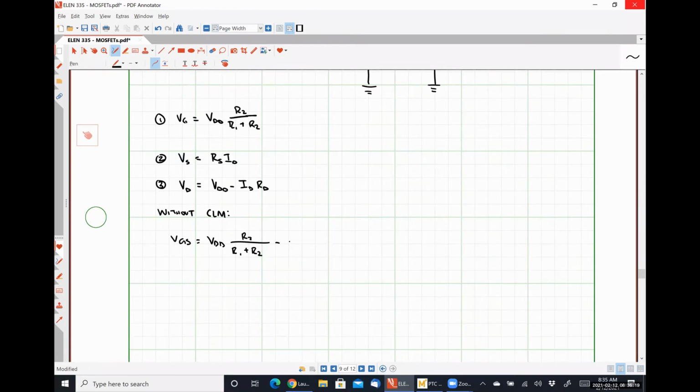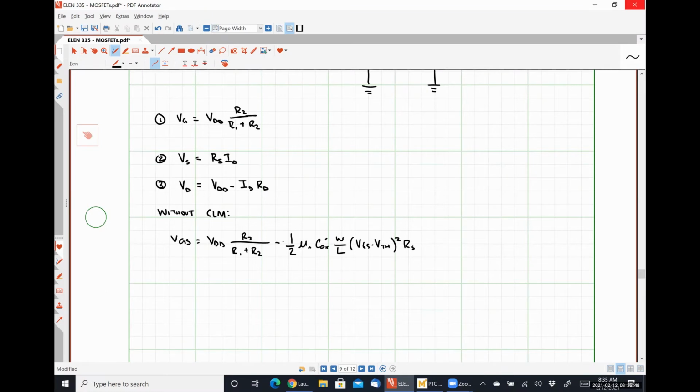So assuming saturation operation, I'm going to put in my saturation drain current, 1/2 mu n Cox W over L, VGS minus VTH quantity squared, times my resistor RS.